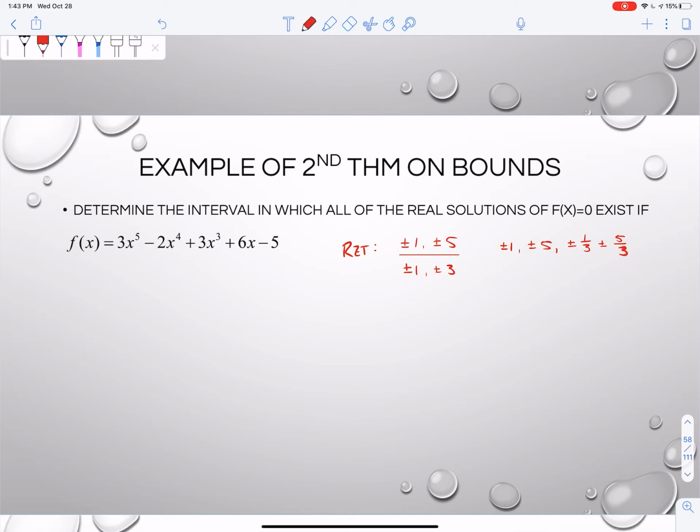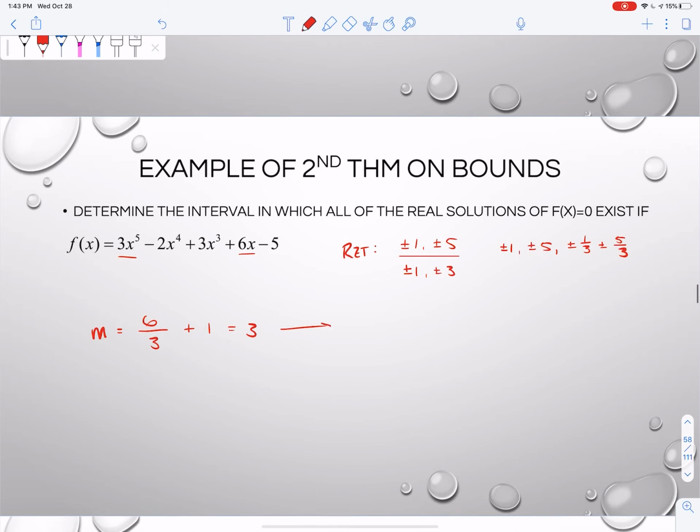Now what I want to do is evaluate the second theorem on bounds. So again, I need to determine what m is going to be. m is going to be my largest coefficient, which in this case is 6, divided by my leading coefficient, which is 3, plus 1. So here I get 2 plus 1, or m equals 3.